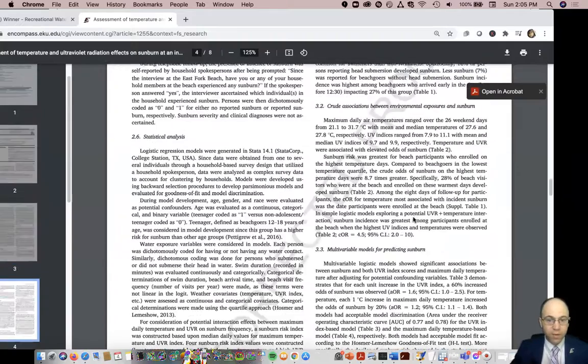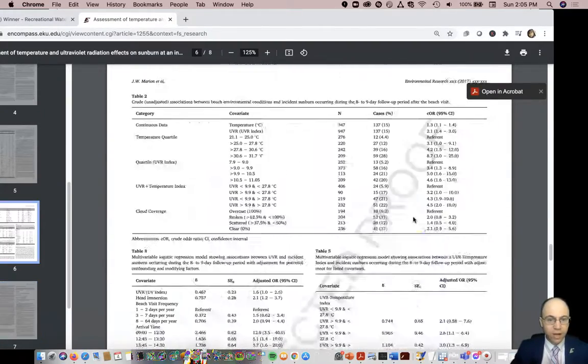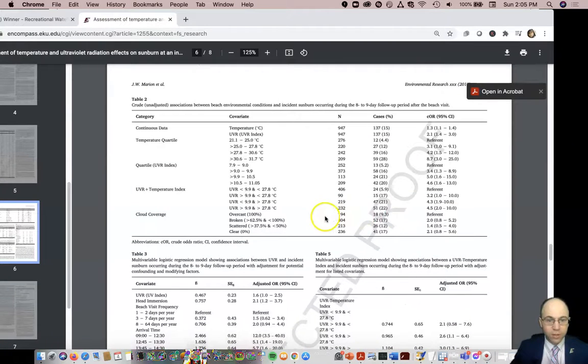Almost 1 in 5. When we look more into the article, we can see that there were certain times and days that were worse for people. When the UV radiation index was greater than 9.9, so essentially over 10, and it was like 27, 28 degrees C, so in Fahrenheit, when you start getting up over 80 some odd degrees Fahrenheit, 22% of the people that went to the beach would end up with sunburn.